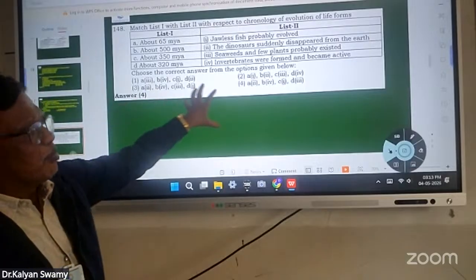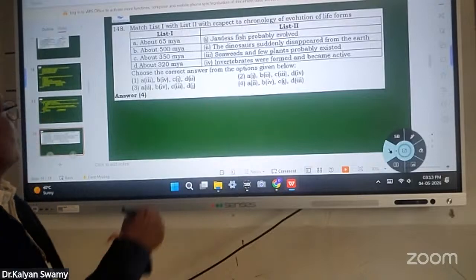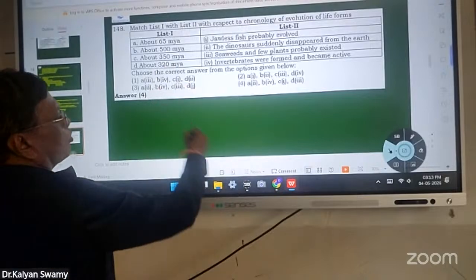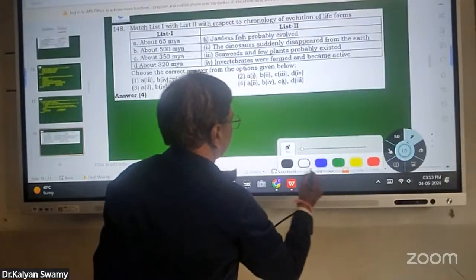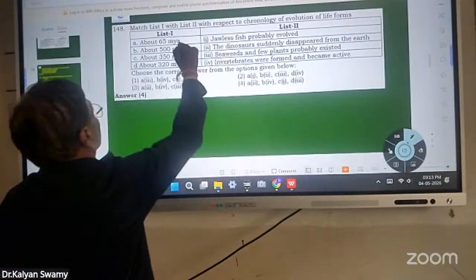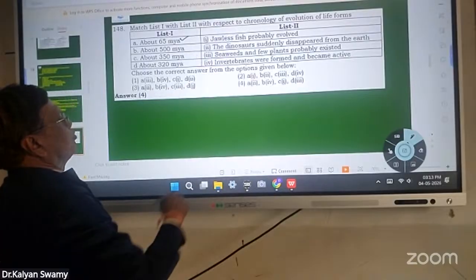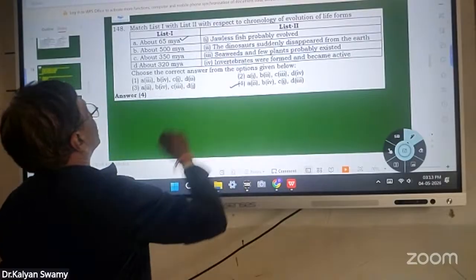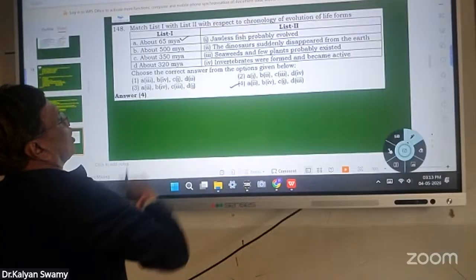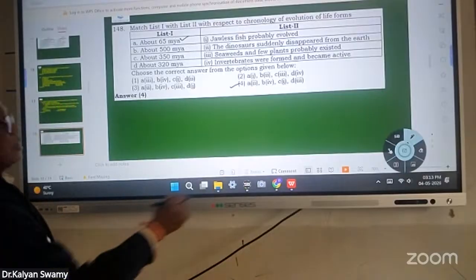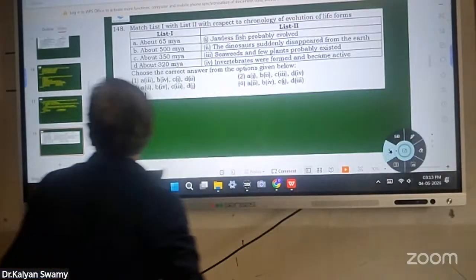This is a moderate type of question, and these two we familiarly know. First, select what happened 65 million years ago, and when jawless fish appeared. These are the answers. Here, in part A, only 2 are there. Then coming to the next question.